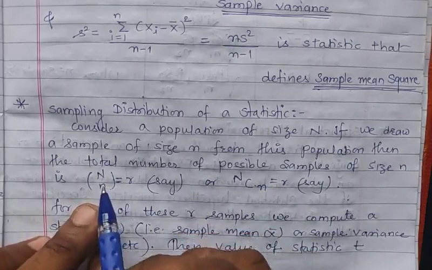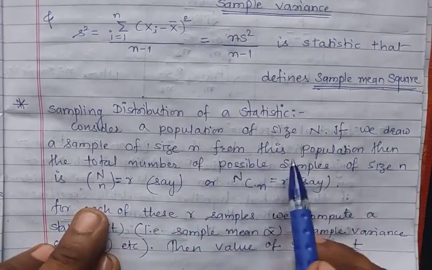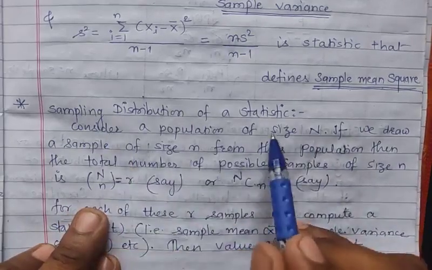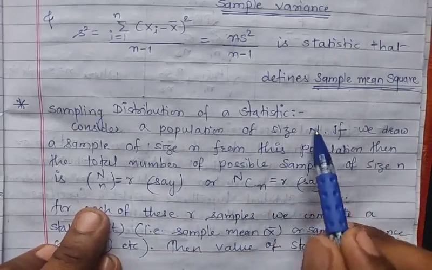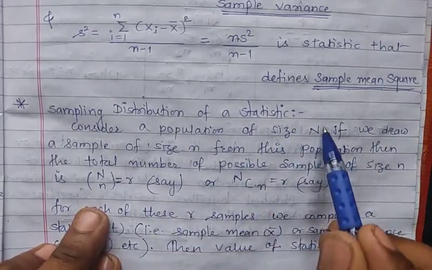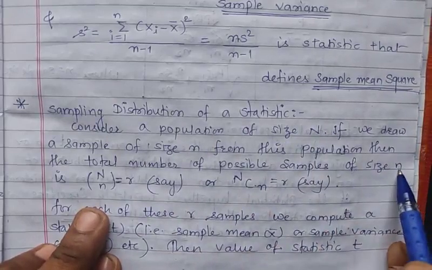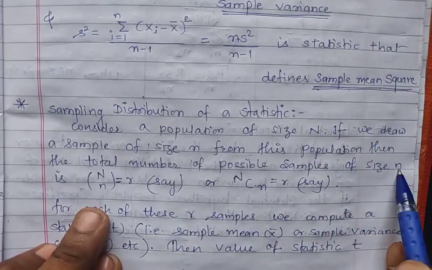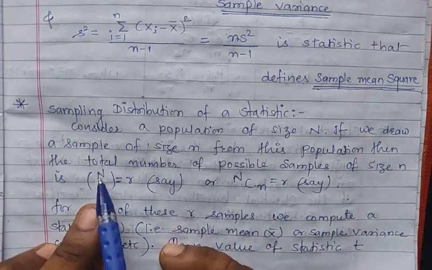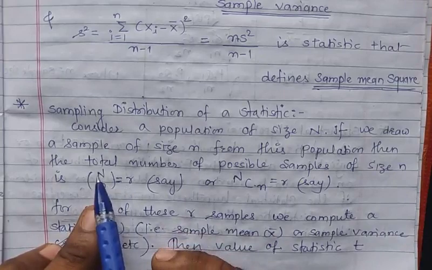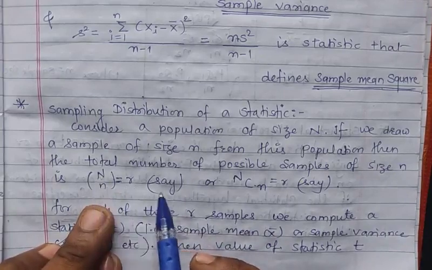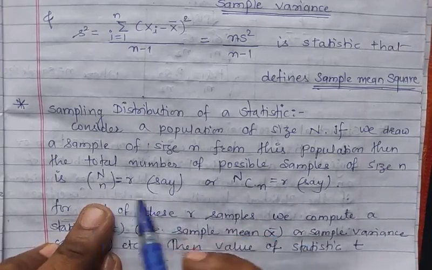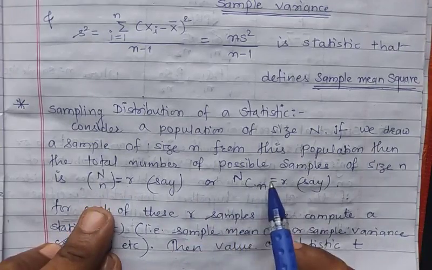Here, from the population of total size N, we select n samples, so we use N C n, which is equal to R. We can denote this notation by capital N C n equal to R.